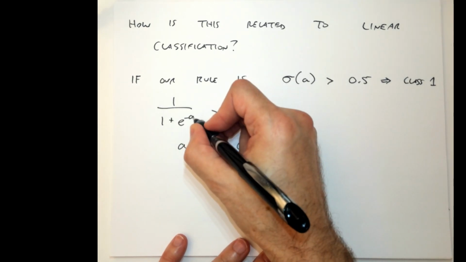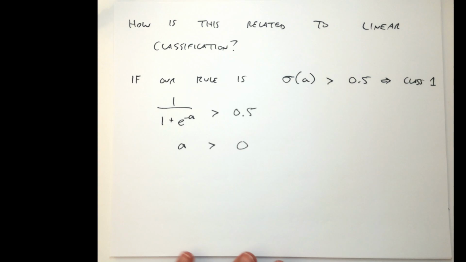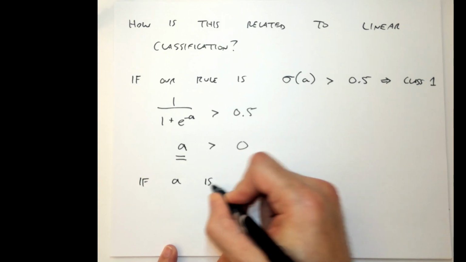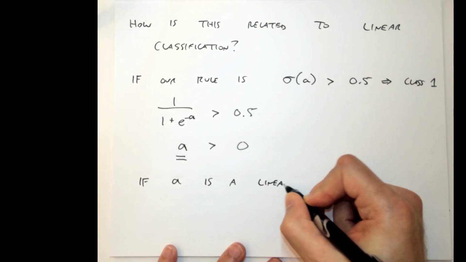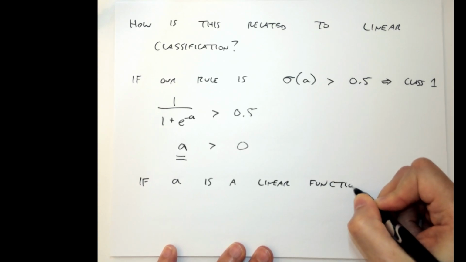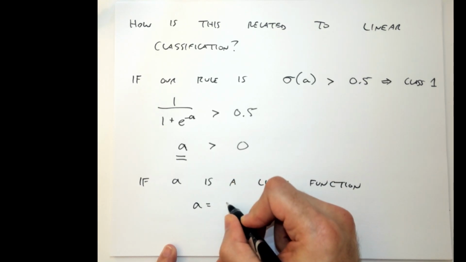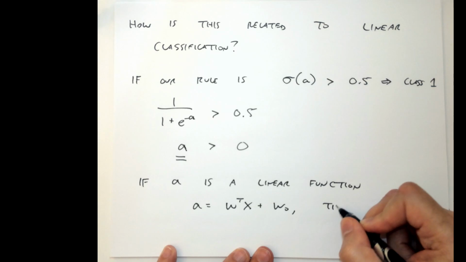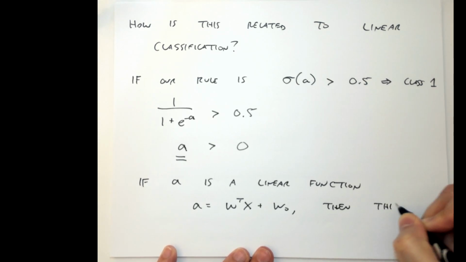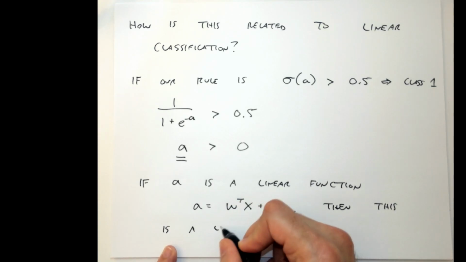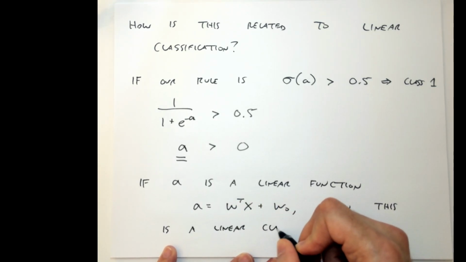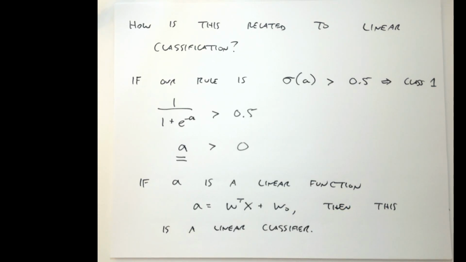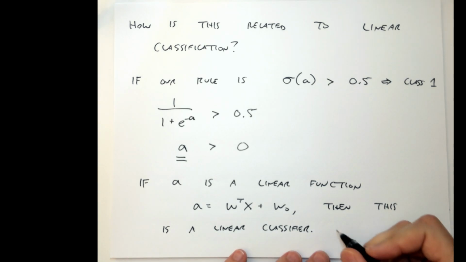And so the thing is that if a is a linear function of the data, w transpose x plus some constant, then this whole thing is a linear classifier. It gives us a linear boundary in feature space, right?